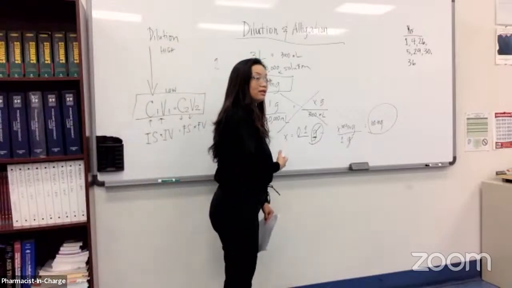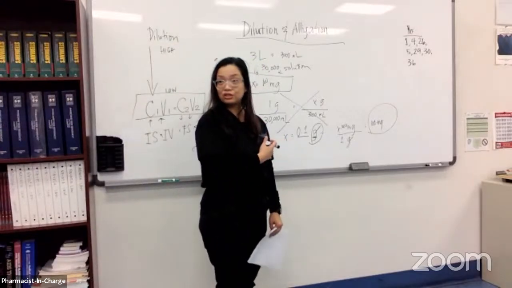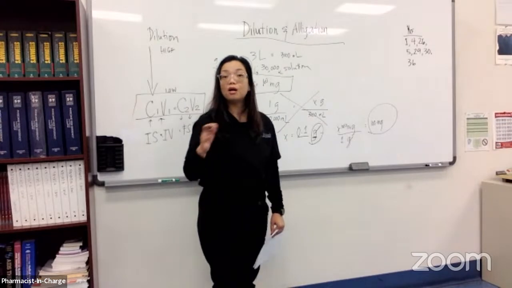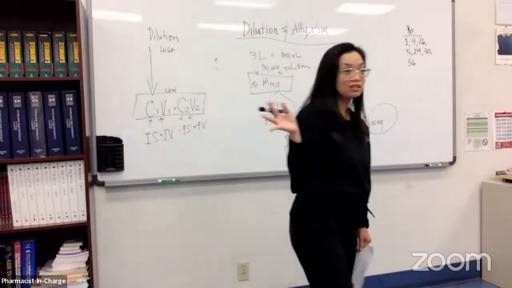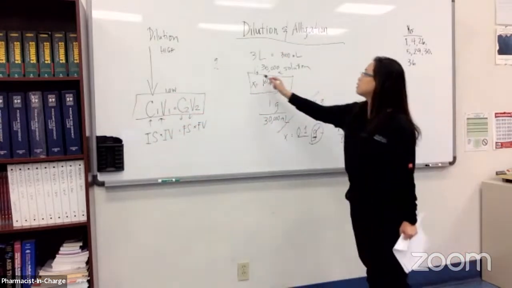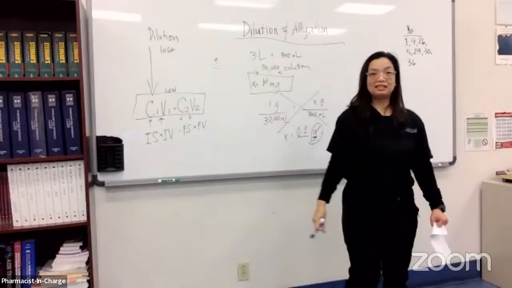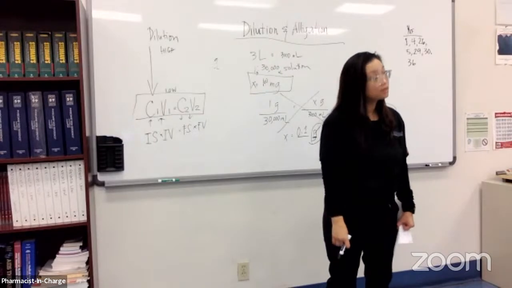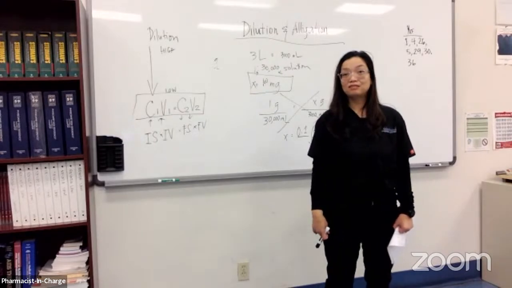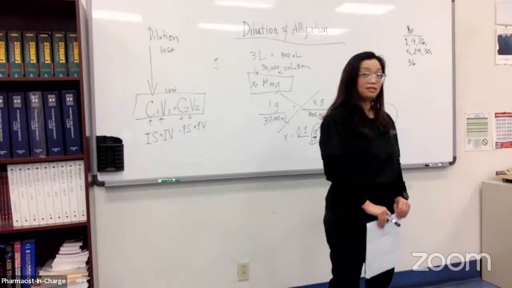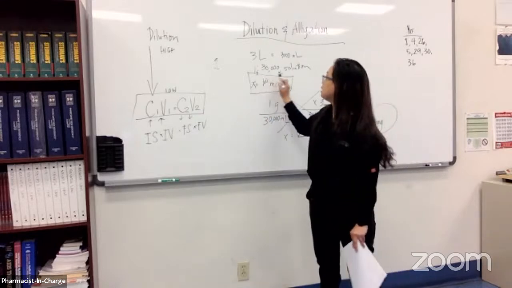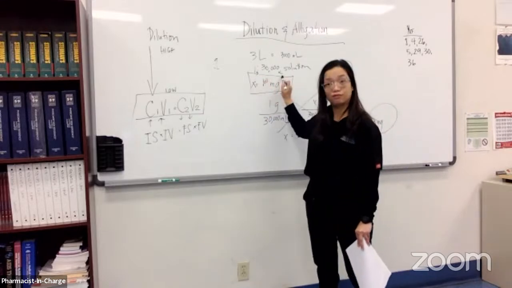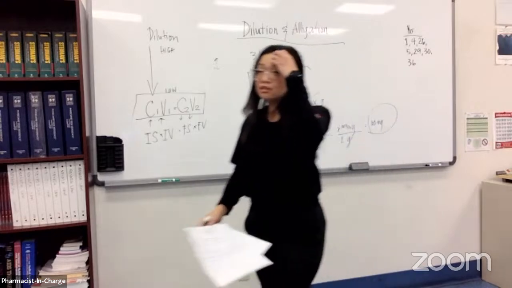Right now, it's asking you how much in milligrams. But if the options change to percentage, you can easily convert this into a percentage. You follow? So you do that, 1 divided by 30,000 times 100. We talked about this yesterday, right? Because it's in the correct format. Okay, any questions?